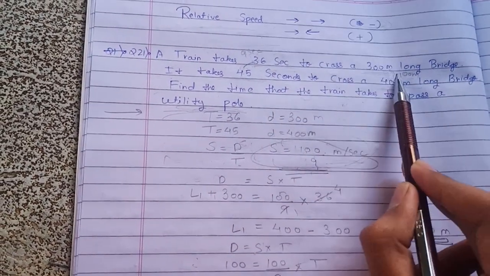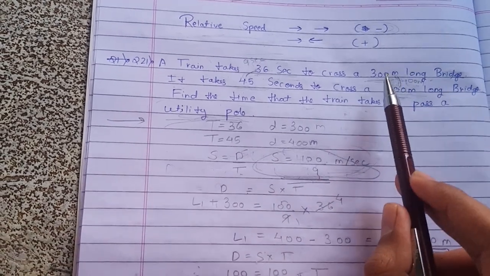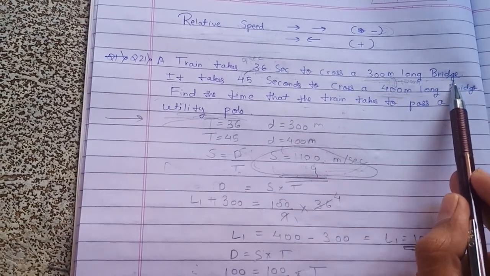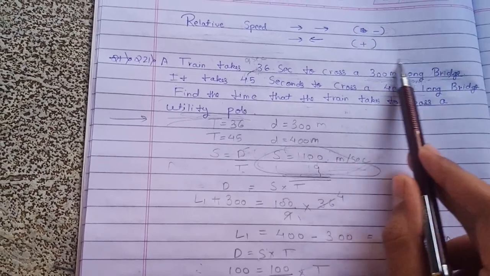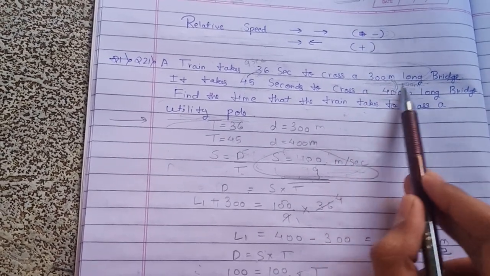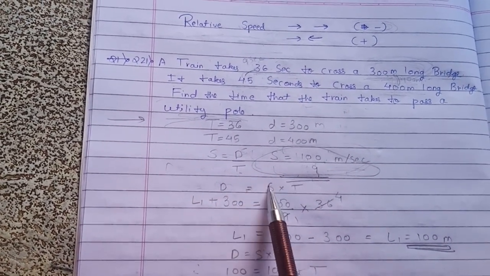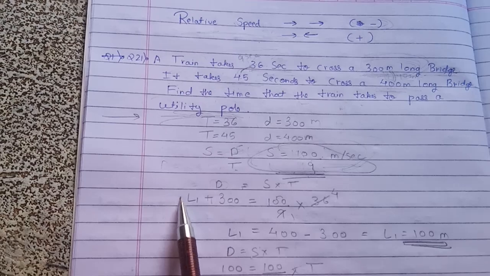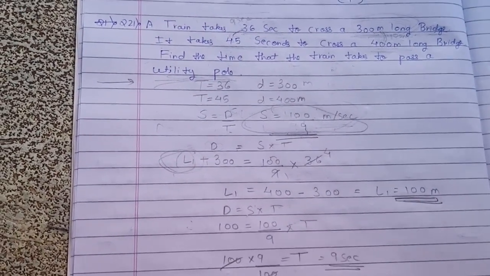36 seconds for a 300-meter length. Let us consider this is a bridge, and its width is 300 meters long. We will take this 300 meters into consideration. So distance is equal to speed into time. L1 is the length of the train, which we don't know.